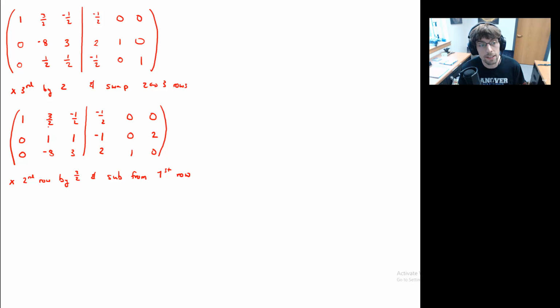And then I need to subtract it to make sure that this element ends up being 0. Okay. So let's go ahead and do that. And also, I'll have to multiply the second row by, let's see, 8, and add to third row.